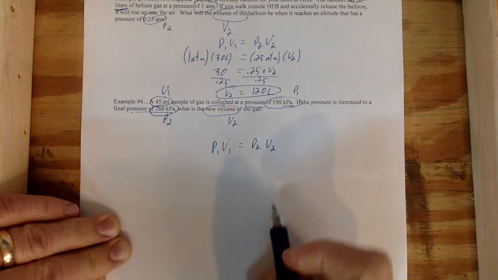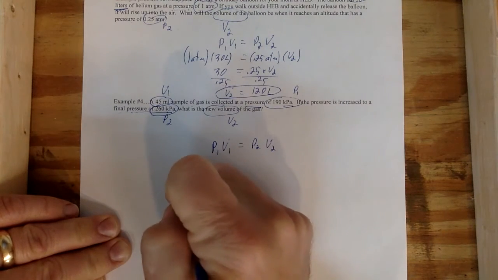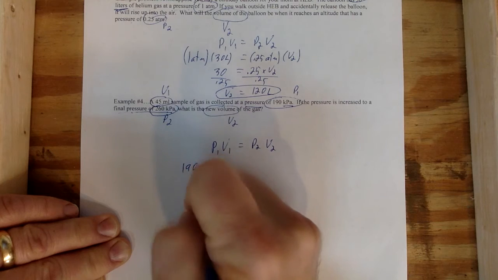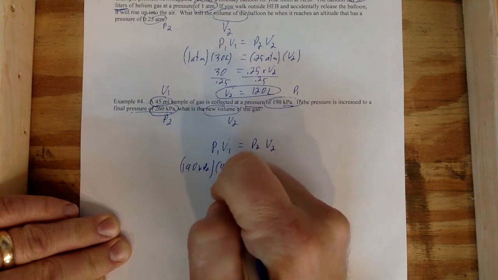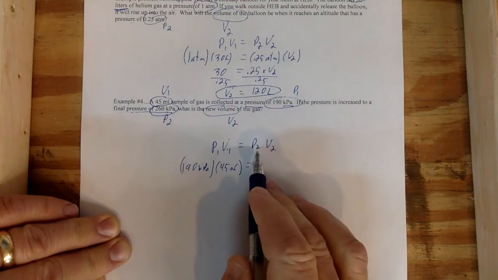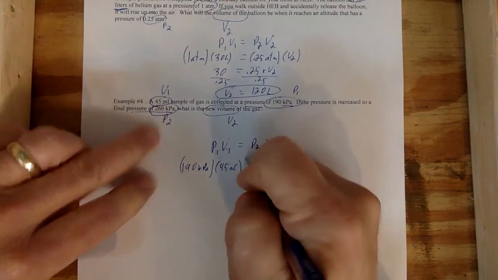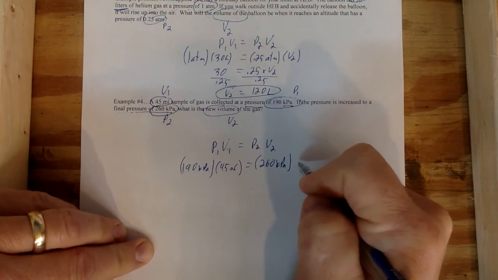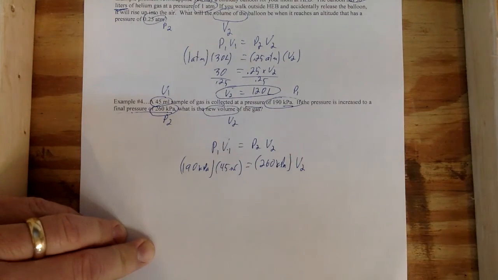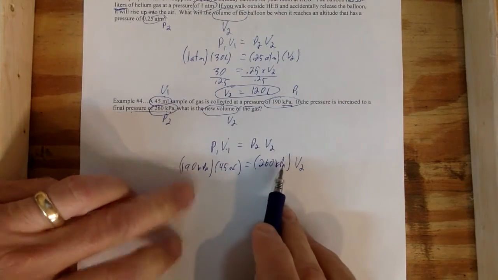I'm going to plug and chug. My first pressure is 190 kPa. My first volume is 45 milliliters. My second pressure was 260 kPa. My second volume, I don't know. Units of pressure are both the same, that's great.